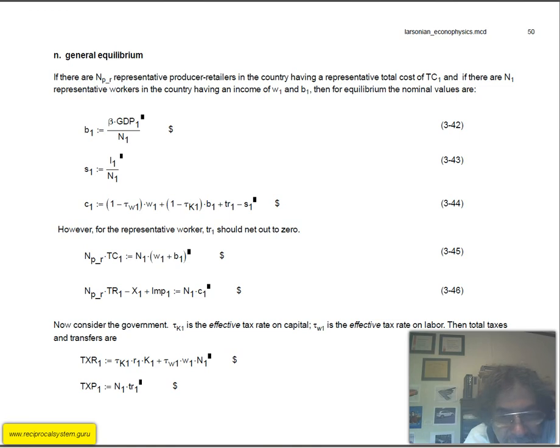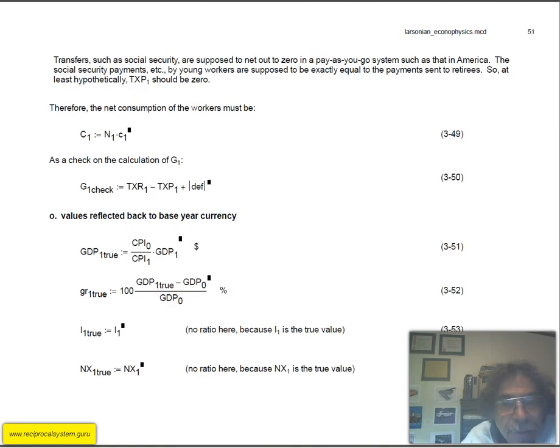Like I said, I'm not really too concerned about that. Transfers such as Social Security are supposed to net out to 0 in a pay-as-you-go system such as that in America. The Social Security payments, etc., by young workers are supposed to be exactly equal to the payments sent to retirees. So at least hypothetically, TXP sub 1 should be 0, and that's what we're going to assume in this paper.